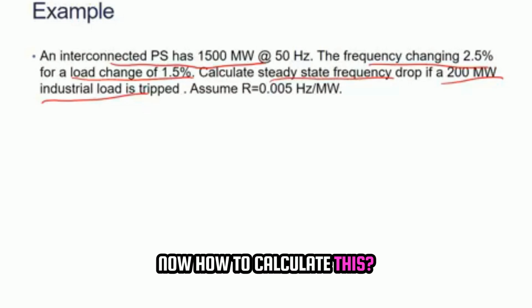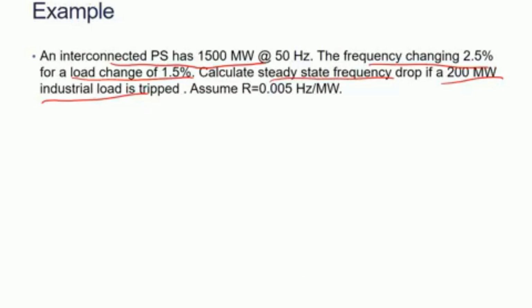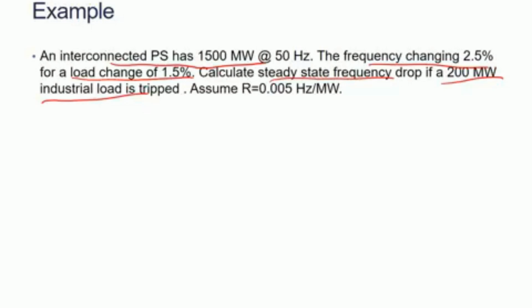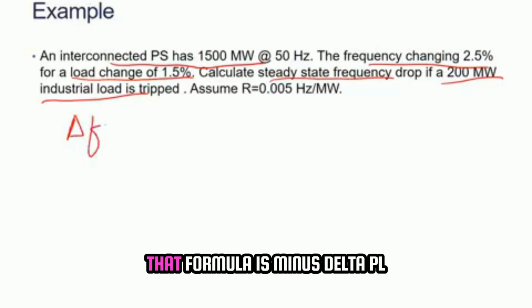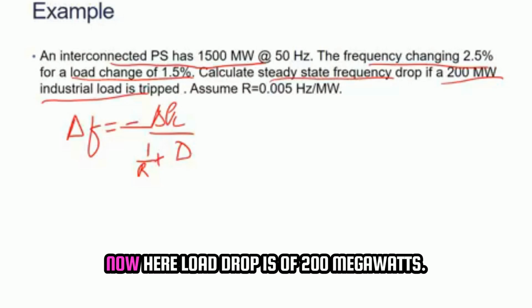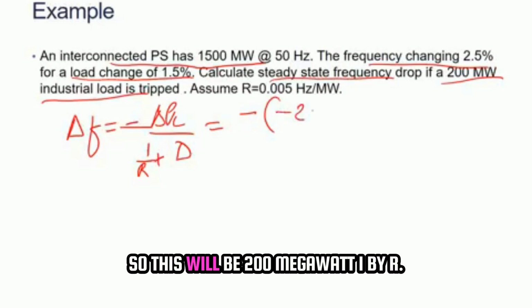Now how to calculate this? Anyone can help me out? What is the formula? We just saw that the formula is minus delta PL by 1 by R plus D. Here the load drop is 200 megawatt, so this will be 200 megawatt.